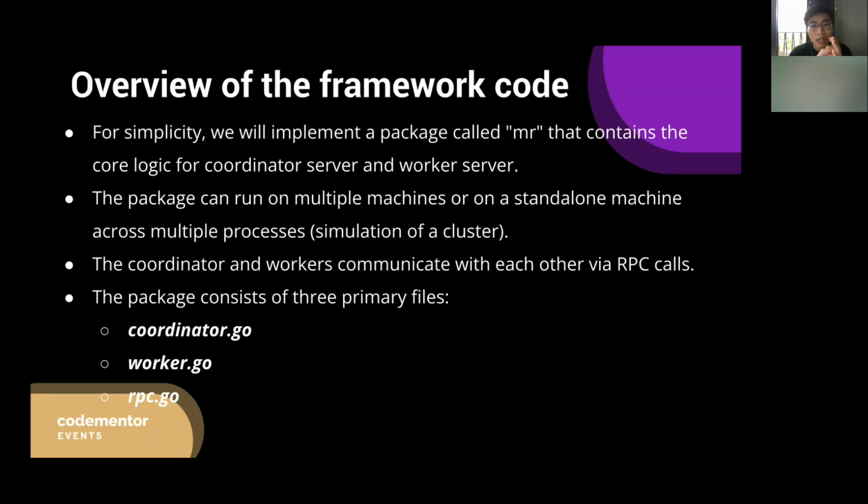For simplicity, we will implement a package called MR, which is short for MapReduce, that contains the core logic for coordinator server and worker server. The package can run across multiple machines or in a standalone machine across multiple processes.